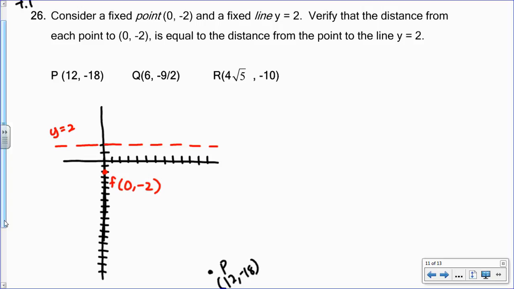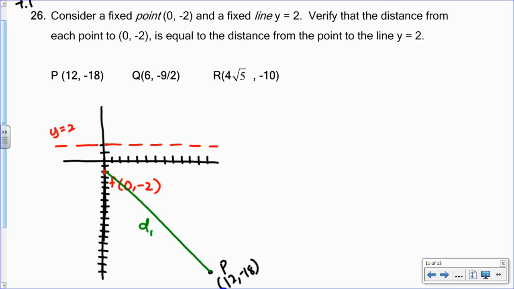Okay. Now it says verify that the distance from each point to 0, -2 is equal to the distance from the point to the line y equals 2. So I'm going to show then that this distance is equal to the distance from the point to the line.